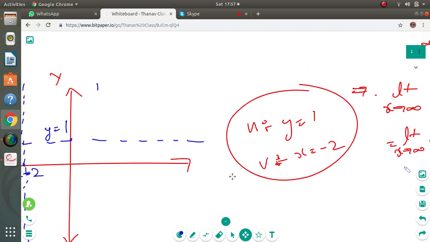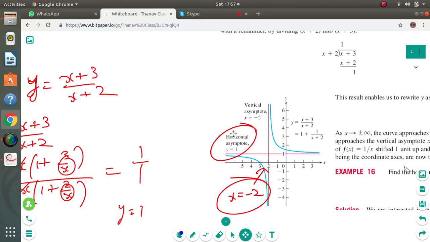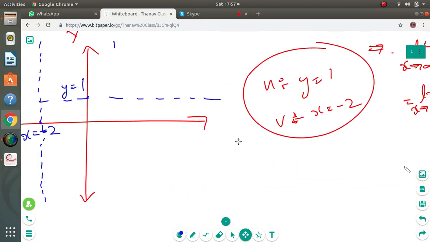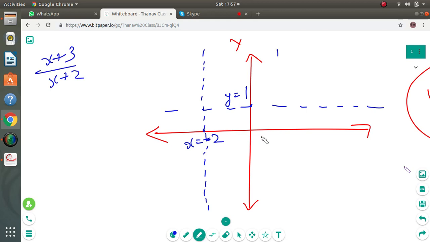Now we have to just look at some points here. It is x plus 3 by x plus 2, right? What I can do, let's take here x as 0, for example. When I put here x as 0, just take one or 2 points. 0 plus 3 by 0 plus 2, that is 3 by 2, 1.5.